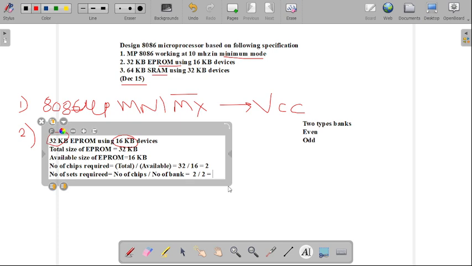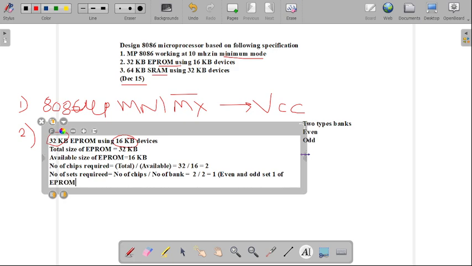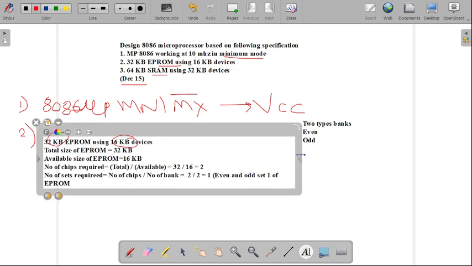So 2 divided by 2 is 1. We can say that only one set of EPROM will be available, with even and odd sets of our EPROM that we use while drawing the diagram.